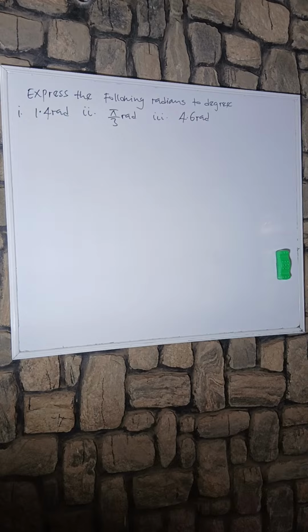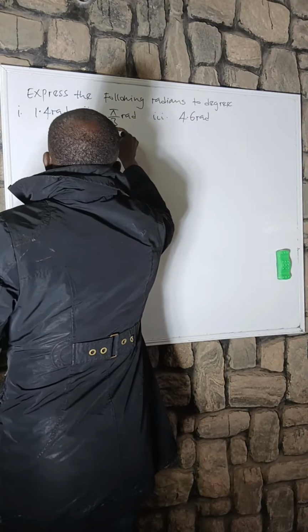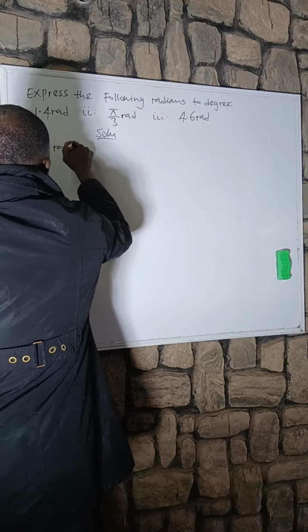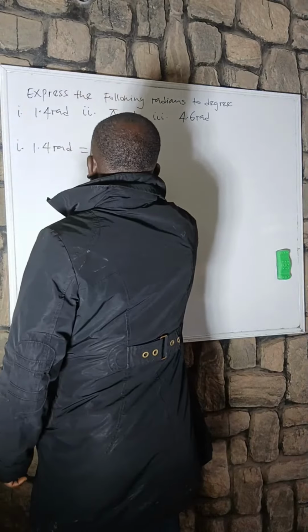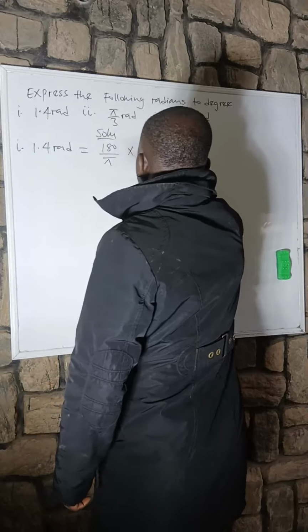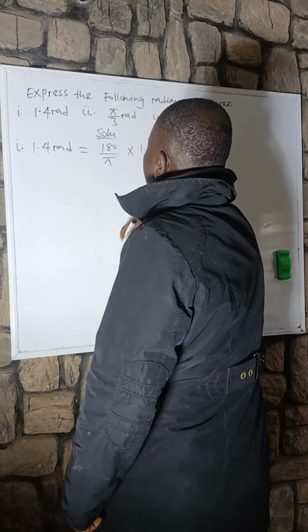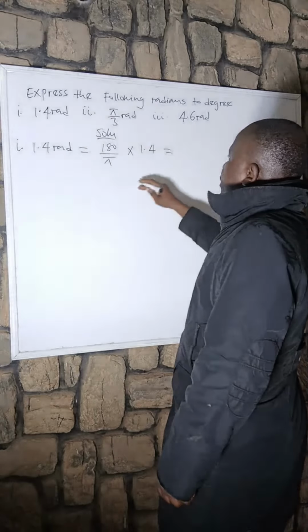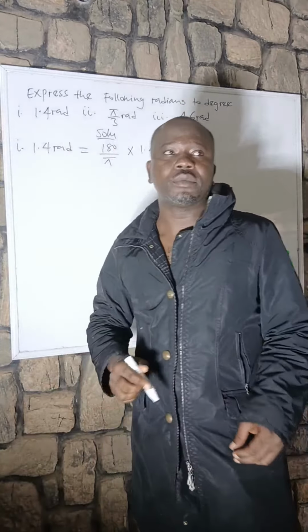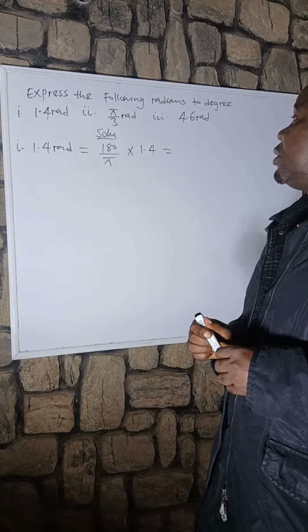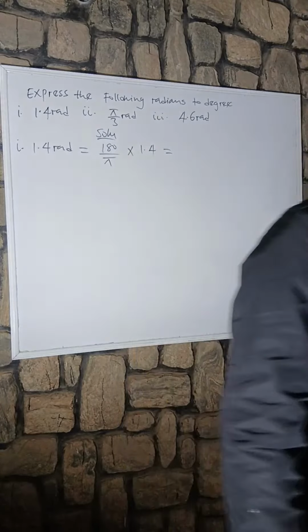Okay, so solution: 1.4 radian will be equals to what? 180 degree all over pi times 1.4, because we want to convert it to degree. So what is the answer? Pi is 22 all over 7. Somebody should tell us the answer.